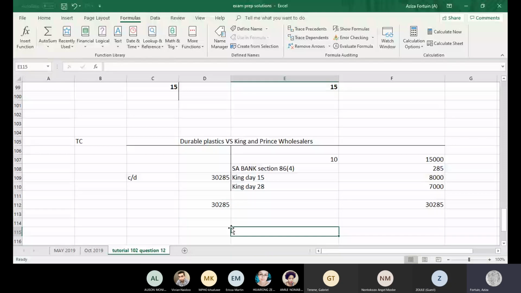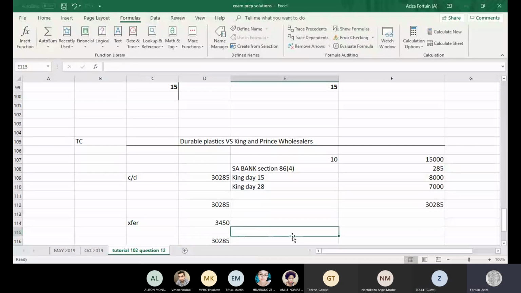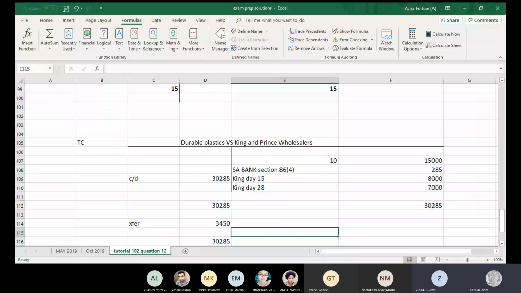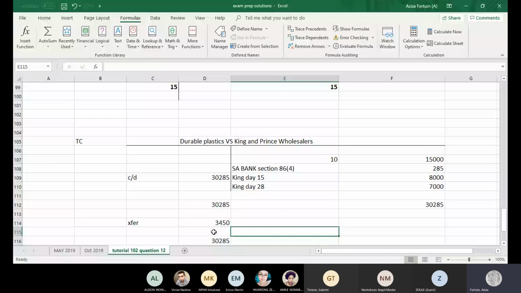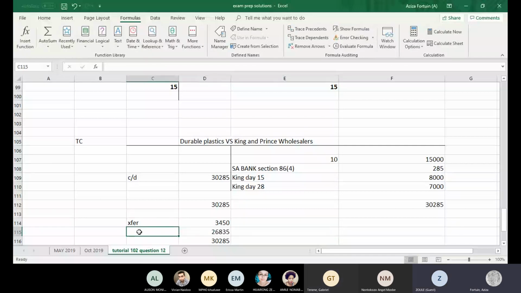So to effect the transfer was the 3,450, right? And to balance it out, 3285. Let's just see, 3285 minus 3450 is going to give that 26,835 that we got earlier. Okay, that will go to my trust bank account.